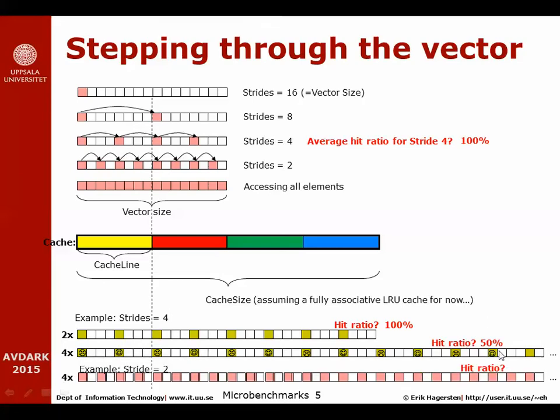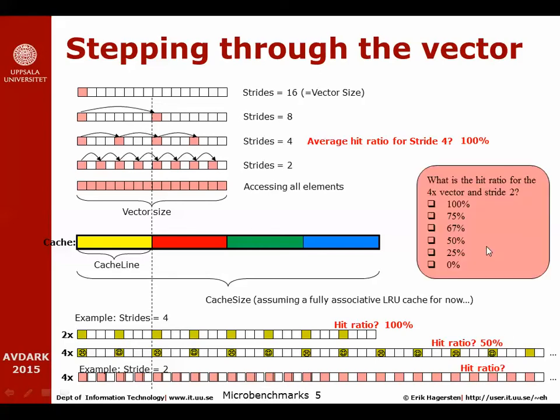Okay, so now we make a new experiment. We keep the vector size 4x the original size, and we change the stride. So now we use a stride 2 instead, and we go through this vector and we try to figure out what the hit ratio would be in this example. So that's my question to you. Try to figure out what is the hit ratio for this 4x vector when we go through it with the stride 2.